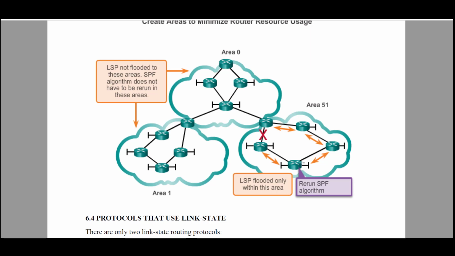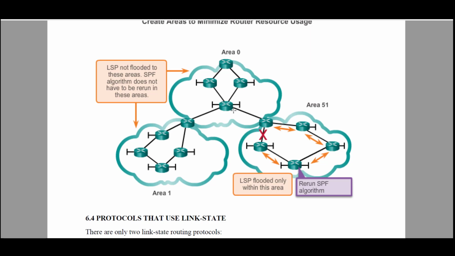So what we understand is, the first time LSP is exchanged between all the routers. If there are no issues in the network, no problem, it will go smoothly. If any link fails, if the link goes down, if a router fails, if a link is not available, in that case every router will create a new LSP and it will be forwarded.